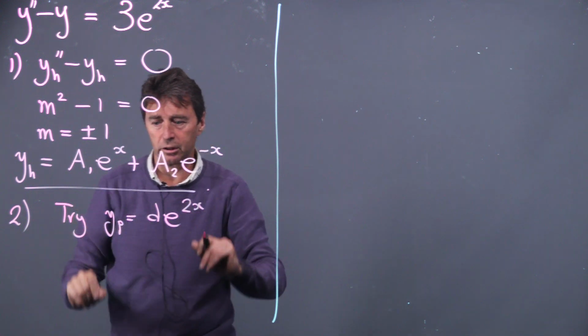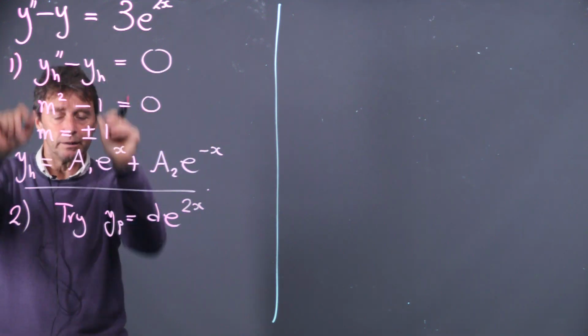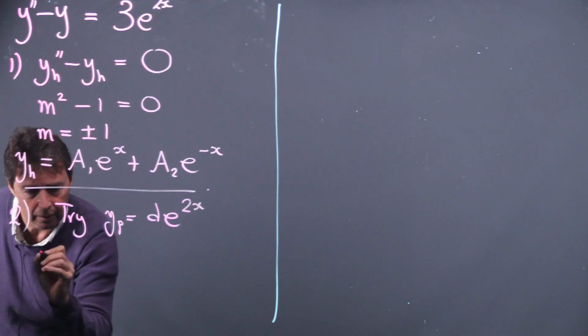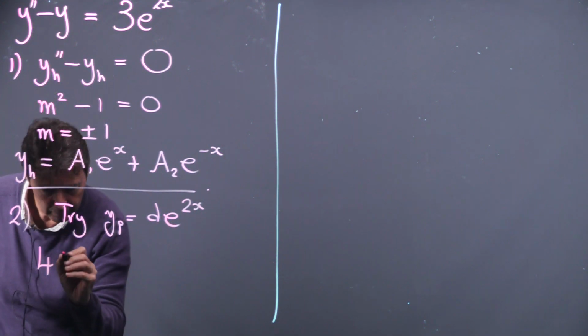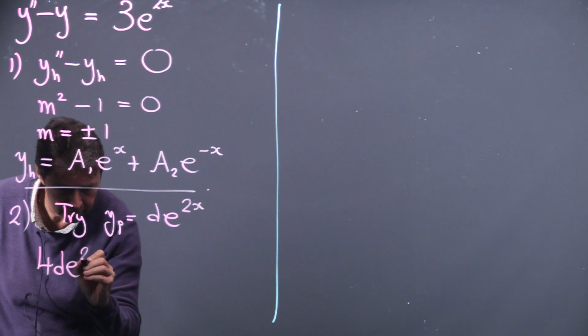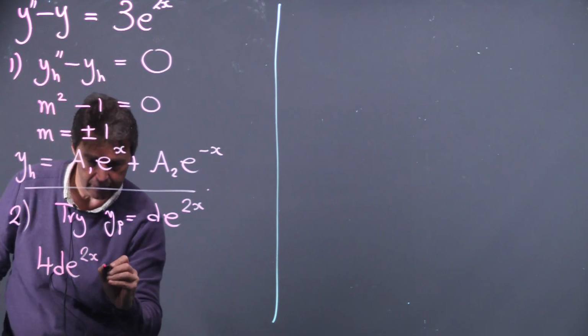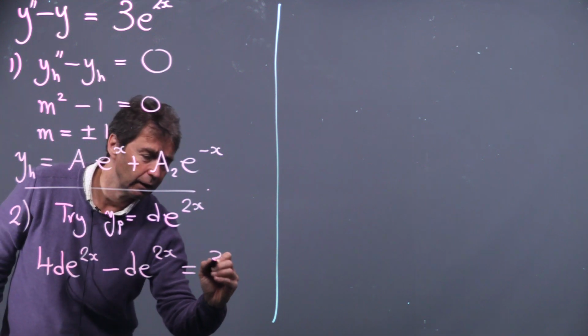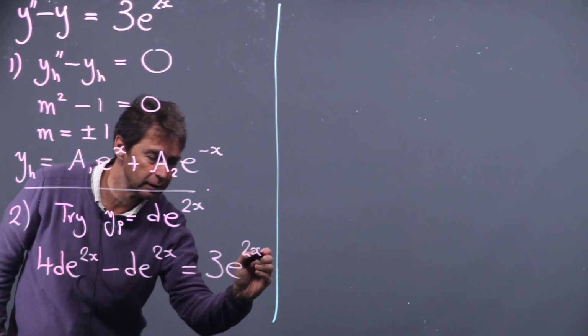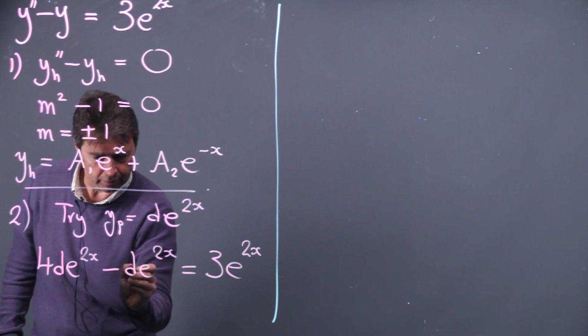Right, so this was the logic that we used last time. Let's just quickly do it. Plugging this in, I'm going to get 4 from bringing down the 2 twice with the 2 derivatives, times d e to the 2x, minus d e to the 2x. I've got to get 3 e to the 2x. So that's 4 minus 1, that's 3d.